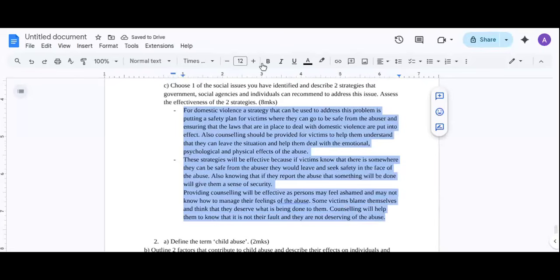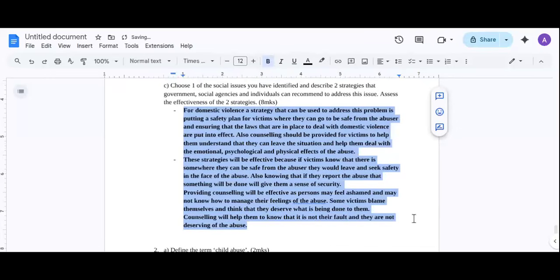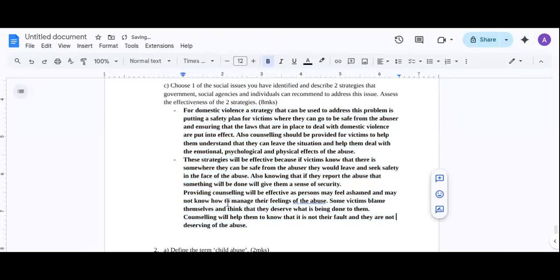Right. So I would have chosen in my answer here that you may see on the screen for domestic violence, a strategy that can be used to address this problem is putting a safety plan for victims where they can go to be safe from the abuser and ensuring that the laws that are in place to deal with domestic violence are put into effect.